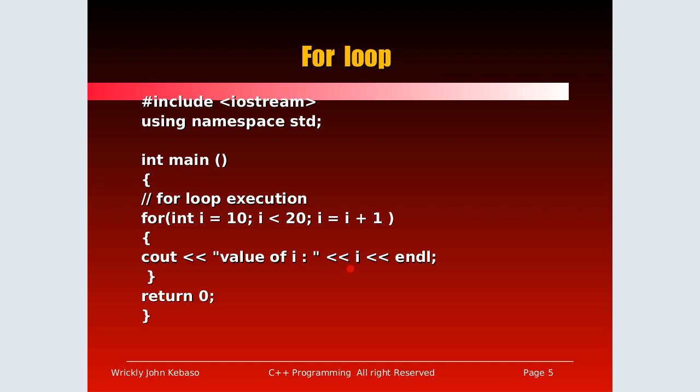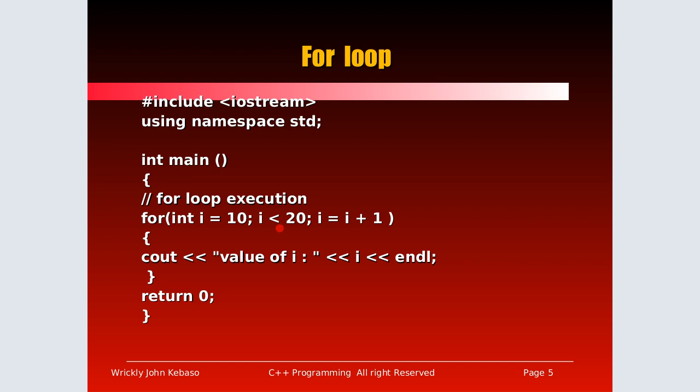So we are going to output the value of I as it is being incremented. In the initialization of the loop, I was put to 10. So the first element to be displayed will be 10.